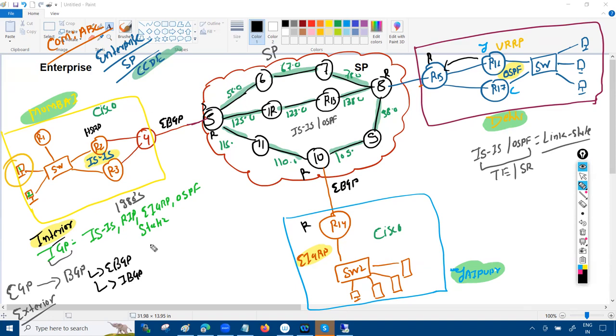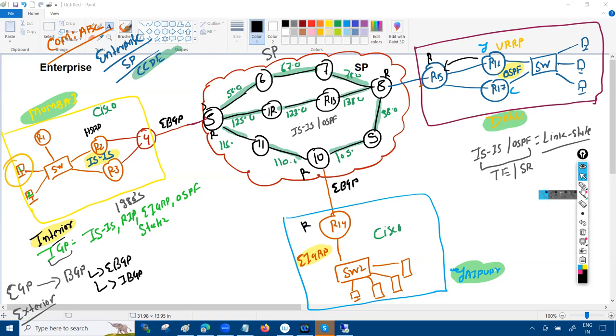But the major thing is whether the router, in this scenario router 4, is able to handle that many routes. That's another point. That's why I said scalability.